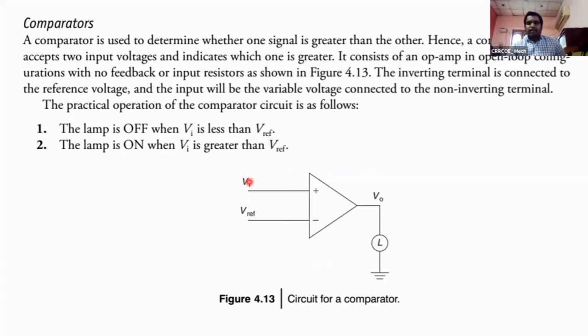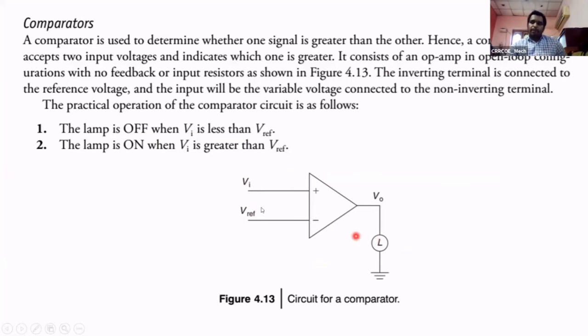Here we are comparing the input voltage with the reference voltage. If Vi, the input voltage, is less than the reference voltage, the lamp connected to the output is in off position.